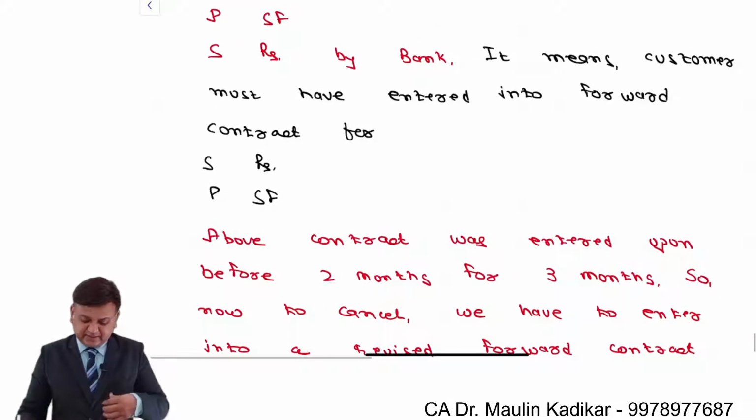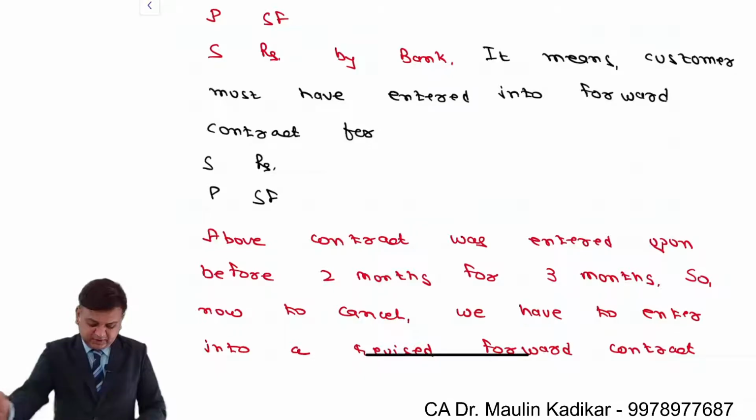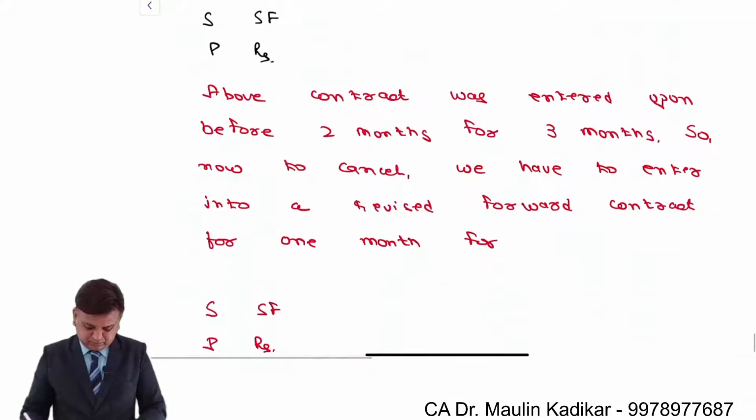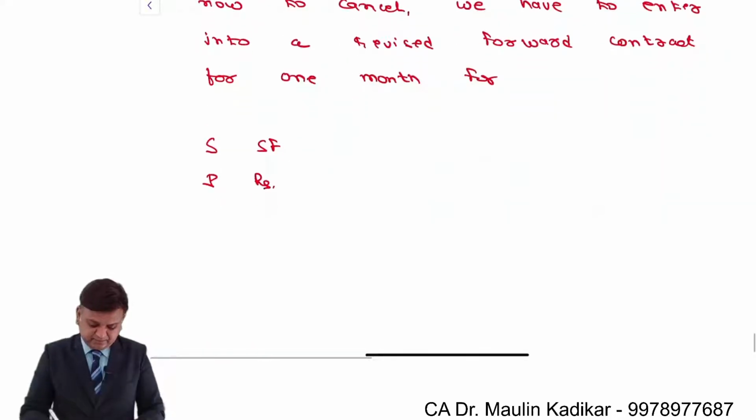Friends, there is a mistake from my end. It means the customer must have entered into the forward contract for sell of Swiss franc and purchase of rupees. And over here, sell of rupees and purchase of Swiss franc.